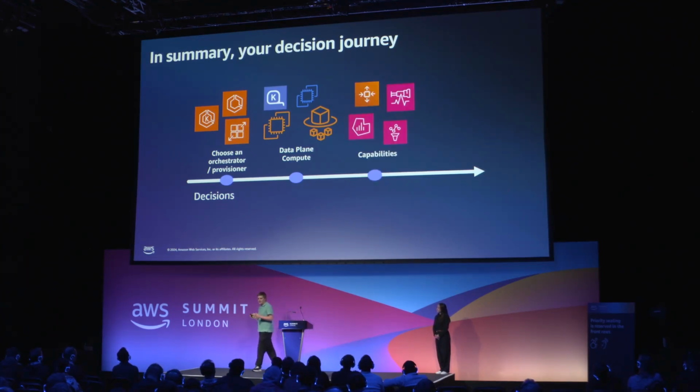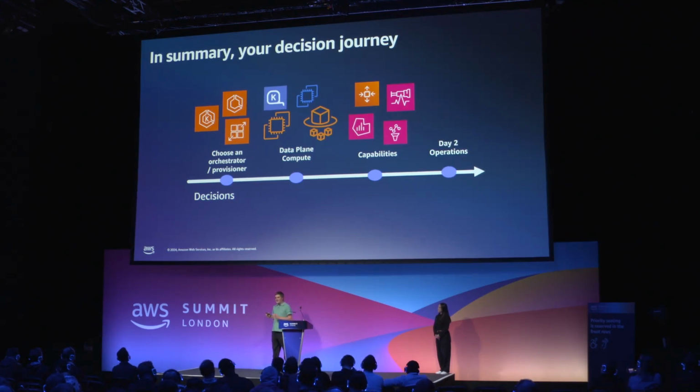The third decision point you might have is, what capabilities would I like to leverage? For example, for node auto-scaling, am I leveraging Karpenter? What does my observability tool stack look like? Am I going to use Amazon Managed Prometheus, Amazon Managed Grafana, or am I going to prefer Amazon CloudWatch? So think about the capabilities and the tools that you can leverage to enable those capabilities.